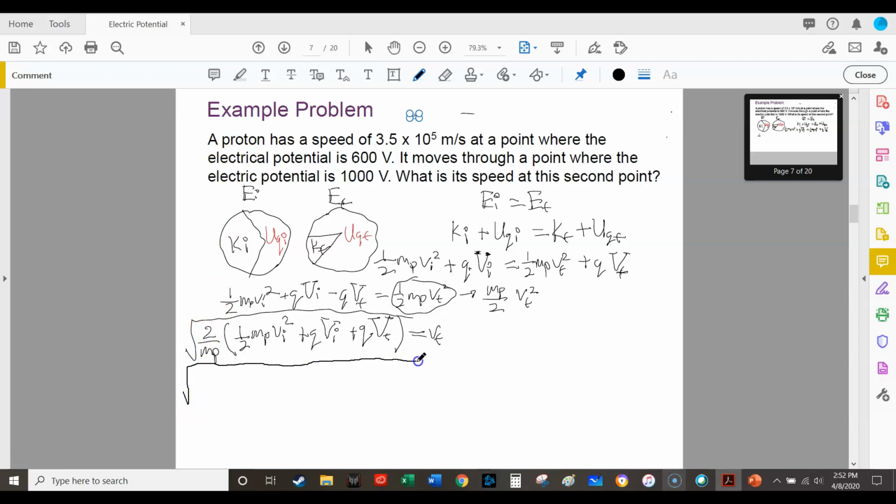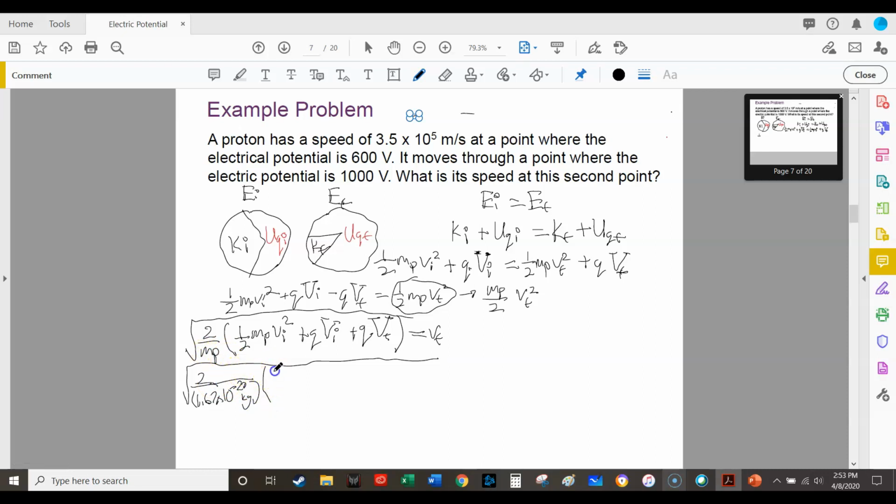So let's go ahead and do that. This is going to be a huge problem. So we're going to put in 2 divided by 1.67 times 10 to the negative 27th kilograms, which is the mass of a proton.